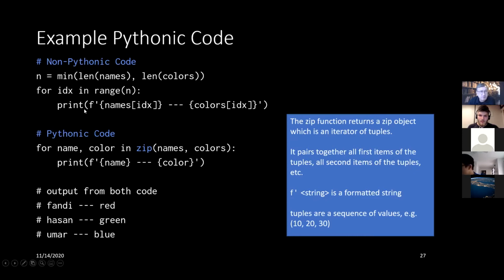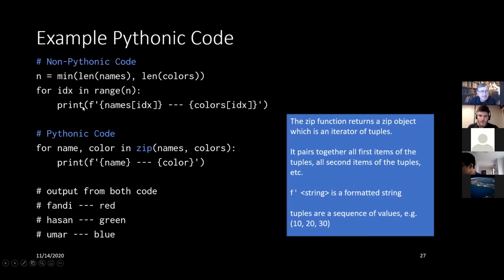And then we're going to print the corresponding name. So this is the index. idx is initially 0. We're going to get the 0th element of this list and pair it with the 0th element of that list. The f is a formatting syntax we don't have to worry about right now, but basically it's going to print out what you see down here.